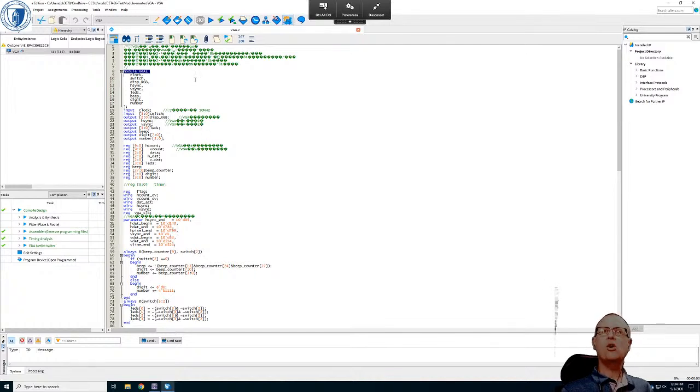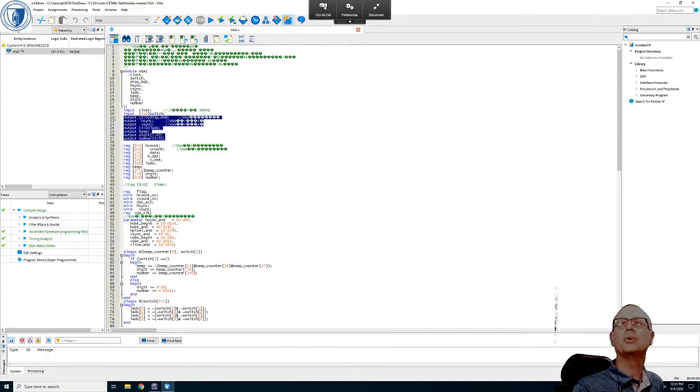And this is quite a complicated module. It's got a clock input, a switch, RGB, horizontal sync, vertical sync, LEDs, beep, digit and number. So the switch and the clock are inputs, and everything else is an output. And there are 4 switches labeled 0 through 3.